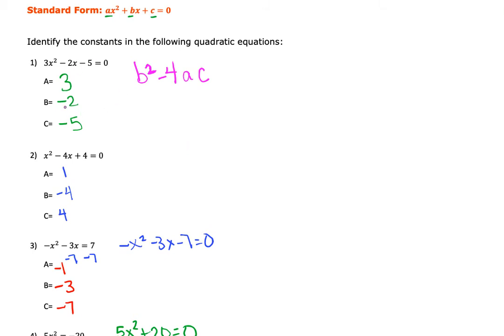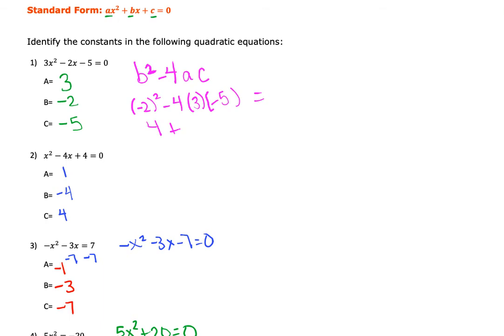So let's plug these in. B squared, so I have negative 2 squared, minus 4 times a is 3, c is negative 5. So I have 4 plus, because I have negative 4 times 3 times negative 5. And you can just put these right on your calculator.